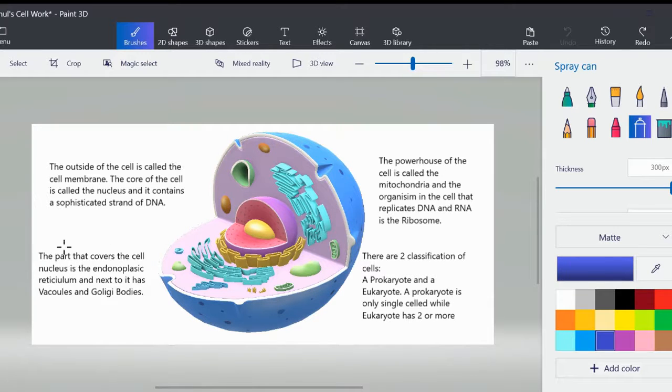Now the next part, the part that covers the cell nucleus, is the endoplasmic reticulum. Oh my god, I can't pronounce it. The endoplasmic reticulum is right here, that yellow thing, not inside the nucleus but right outside it.